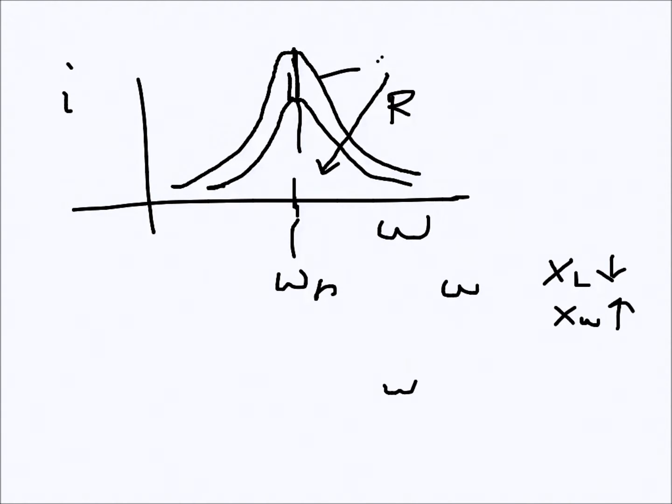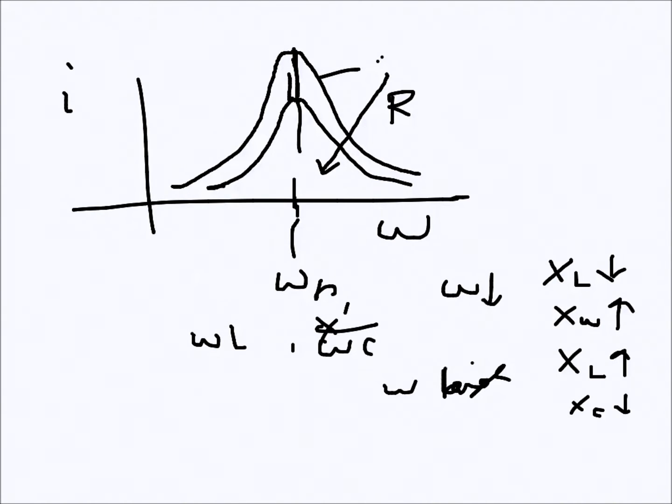Similarly, when frequency is high, then XL will be high and XC will start decreasing, because obviously XL is omega L and XC is 1 over omega C, so when omega is high this one will go up, and this one will go down. But there is a frequency when they are equal, and that's the time when the current will be maximum, because that's the minimum impedance condition. In all other cases the current will be less than that.